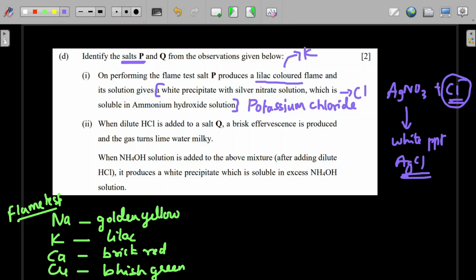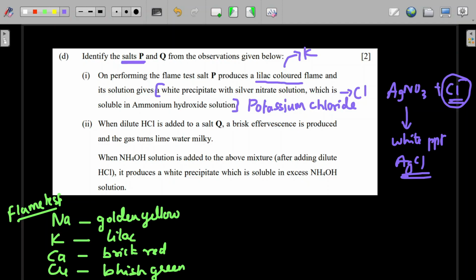When NH4OH solution is added to the solution, after adding dilute HCl, it produces a white precipitate which is soluble in excess of NH4OH solution. So there is an acid and some salt, and you are getting a gas which turns lime water milky. The white precipitate which is soluble in HCl and NH4OH solution is zinc.